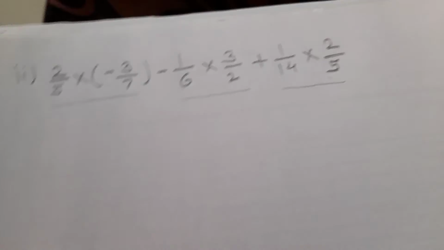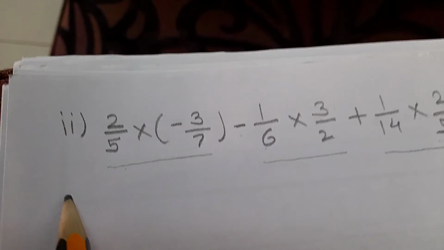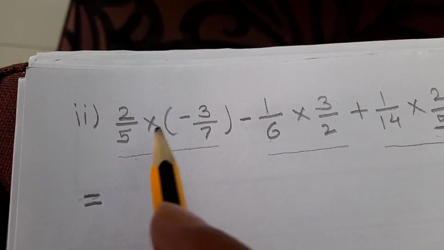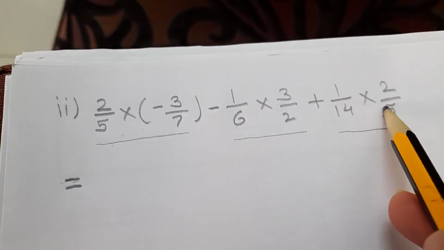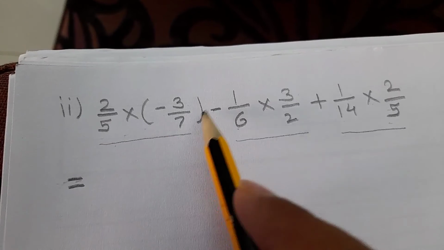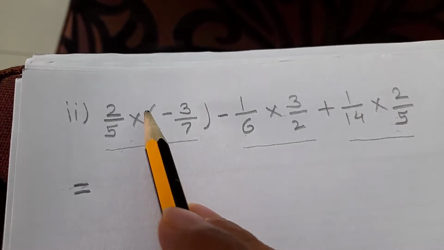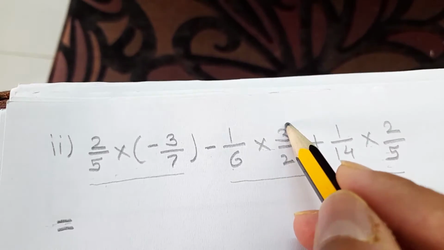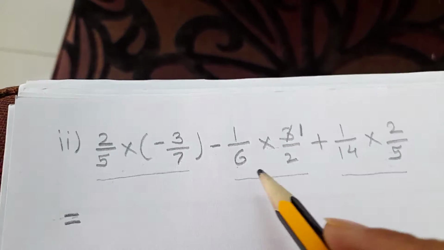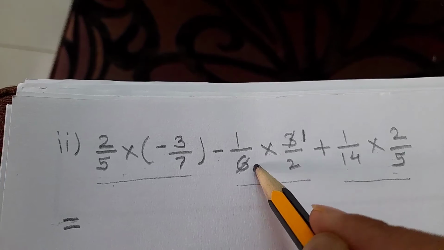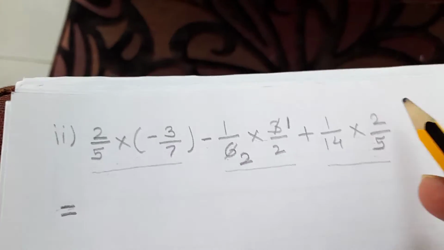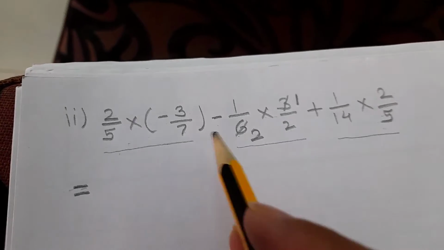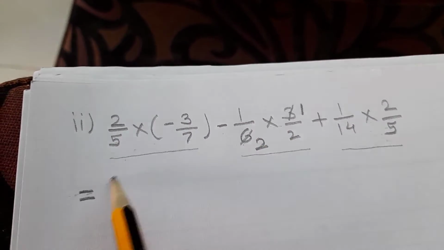These are the operations of multiplication. Then we can use commutativity again. We will simplify here. 3 2s are 6. We will not simplify this equation because we have to take 2 upon 5 as a common factor.